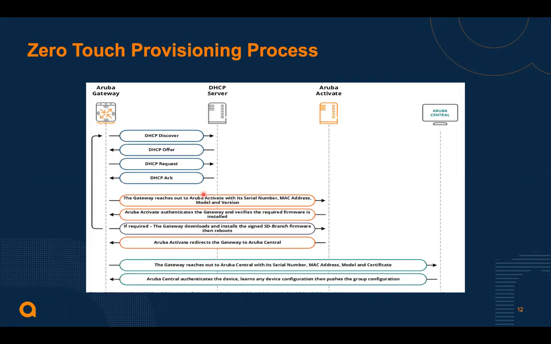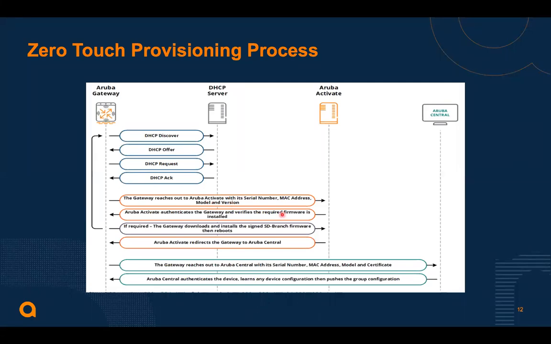Once the DNS resolution happens and it connects to Aruba Activate, the device sends its serial number, MAC address, model, and version, as in the software version that it's running. Activate then checks the gateway inputs and also the firmware which is installed.